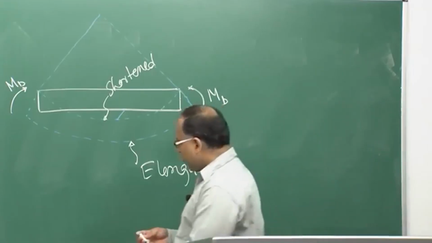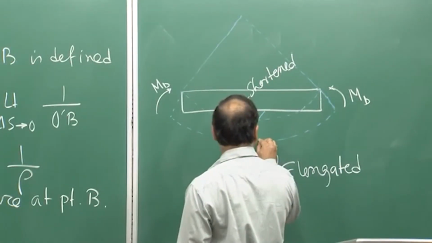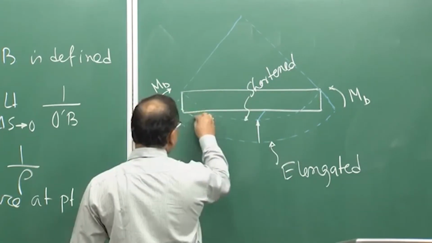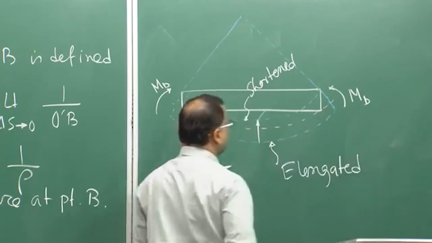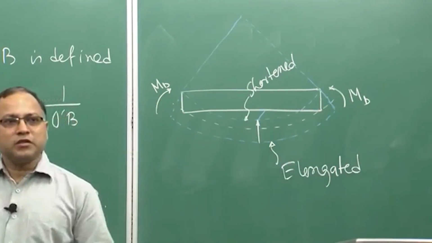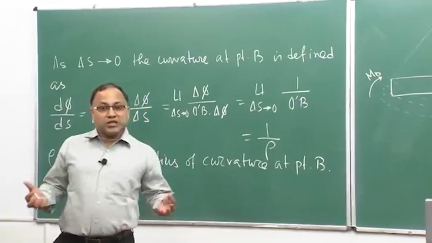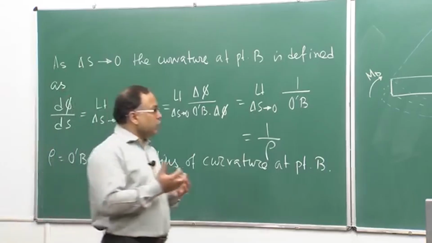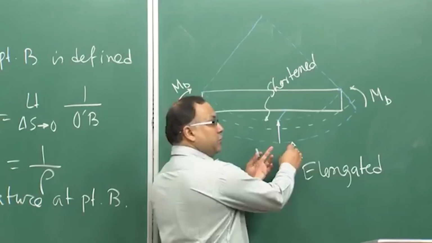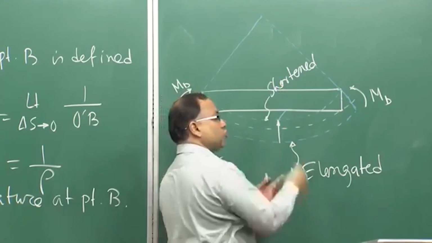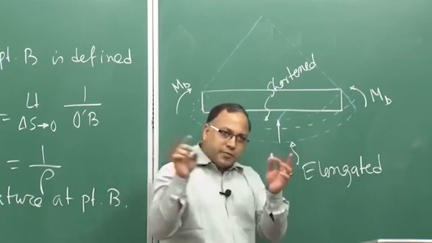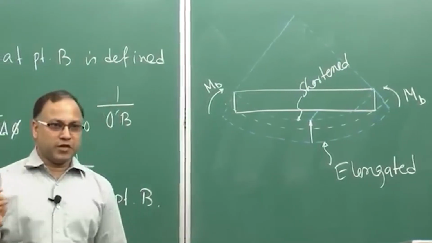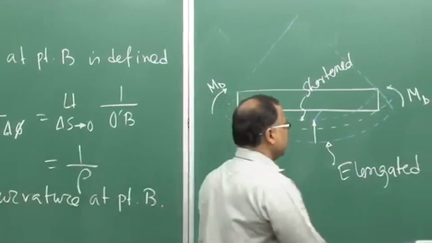That means, if you move from bottom fiber to top fiber, there must be some line in between which will not experience any deformation, no elongation, no contraction, because you are traveling from elongation to shortening, or contraction. So, there must be one line in between where you do not have any kind of deformation, and that line is known as the neutral axis.